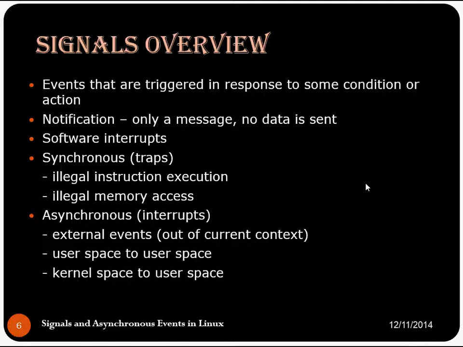When signals occur synchronously, they are also called traps, and they occur during the execution of a program, like illegal instruction execution such as divide by zero, or illegal memory access, like accessing an array with an incorrect index. Asynchronous signals are also called interrupts, they occur outside the program's execution context, and can be sent from user space to user space or from kernel space to user space.